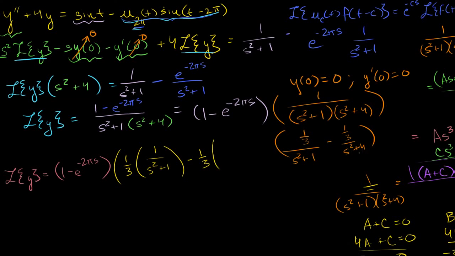So I really want to have a 2 in the numerator. So you want to have a 2 over s squared plus 4. So if I put a 2 in the numerator there, I have to divide this by 2 as well. So let me change this to a 6. Minus 1/6 times 2 is minus 1/3. So I did that just so I get this in the form of the Laplace transform of sine of t.